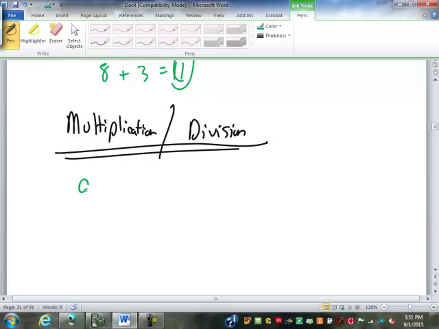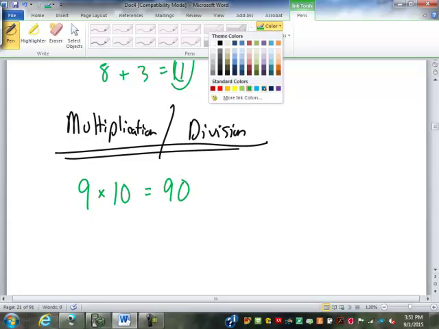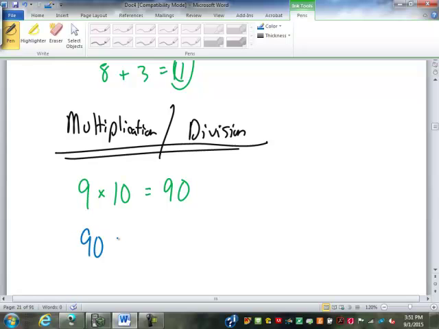Let's take our 9 that you guys chose and 10. 9 times 10 is 90. If I wanted to get from that 90 back to the 9, I have to divide by 10. Gets me back to 9. Multiplying by 10 and then dividing by 10 reverse each other. It takes us right back to where we started.